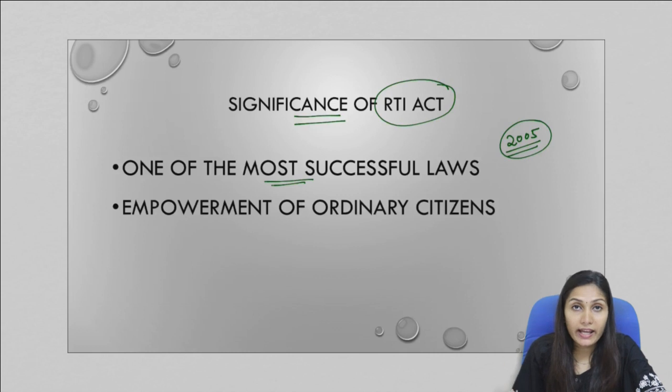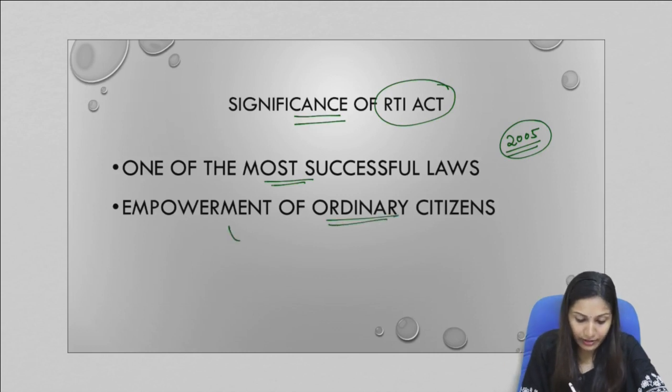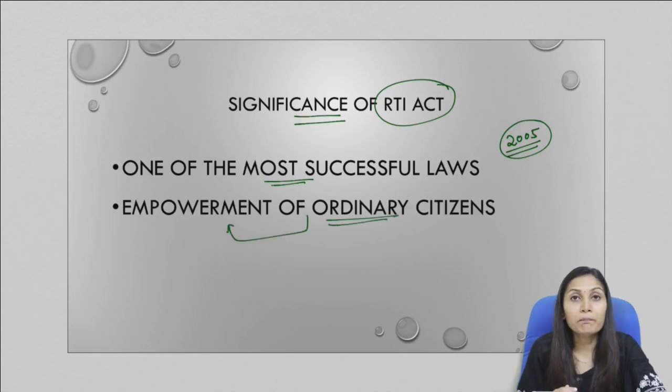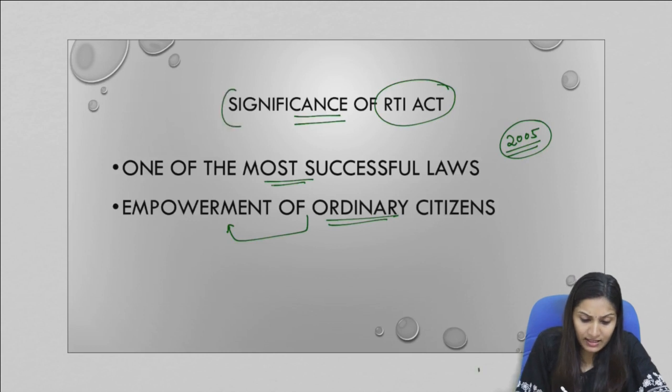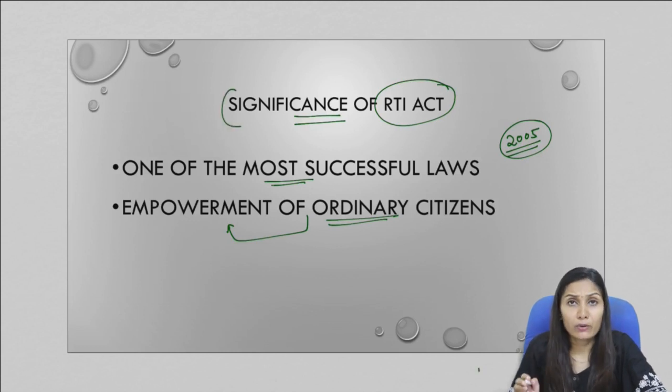And it was through the RTI Act that the ordinary citizens of the country were empowered. They got the power to know what is happening, the authority to be informed, and it became an important political and democratic tool. People had an opportunity to raise their voice in order to acquire information regarding government functioning. So we can say that this is one of the most successful and also one of the most revolutionary laws made in independent India.